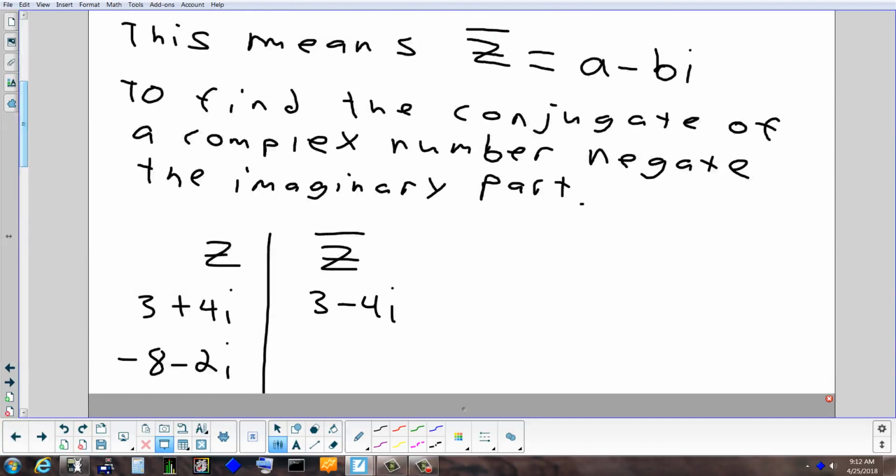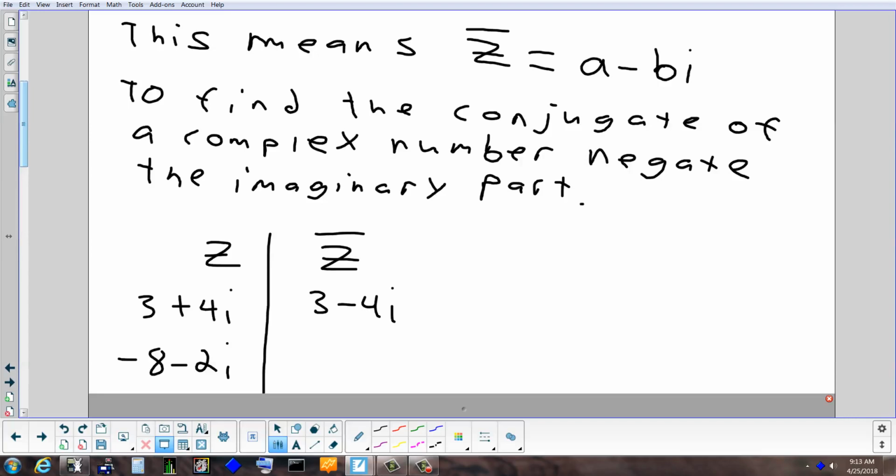Okay, the next one is -8 minus 2i. What's the conjugate of -8 minus 2i? Is it 8 plus 2i, or just say -8 plus 2i? Well, the directions tell you only to change one thing, right? So, if we follow those directions, tell me one more time, what do you think the final answer is?